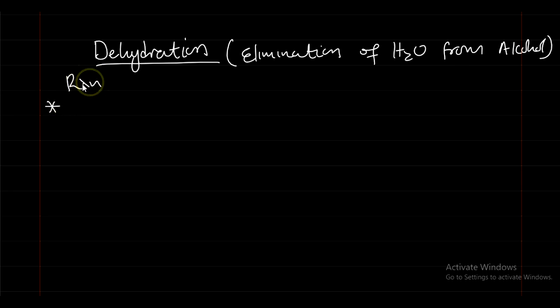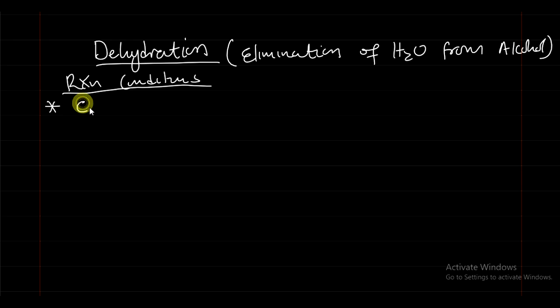Okay. So now, what are the conditions? The reaction conditions. So my conditions are, I must use a strong acid, right? And it must be in excess, a concentrated strong acid.